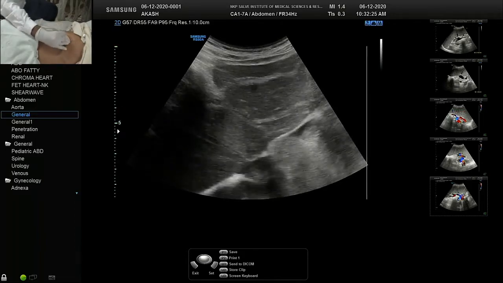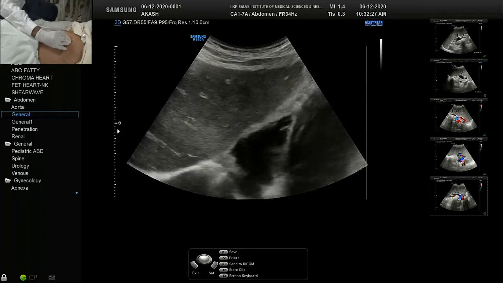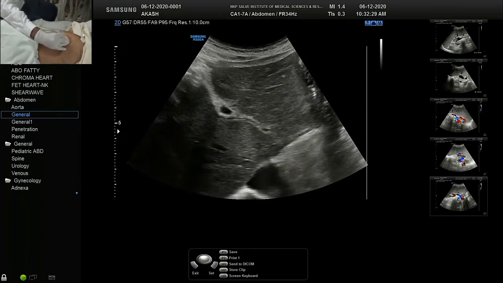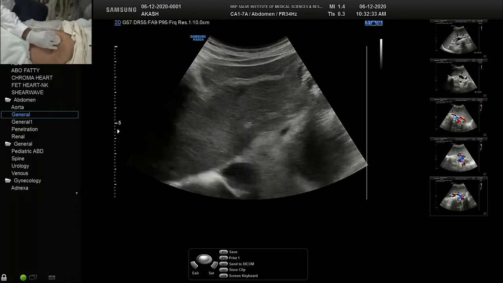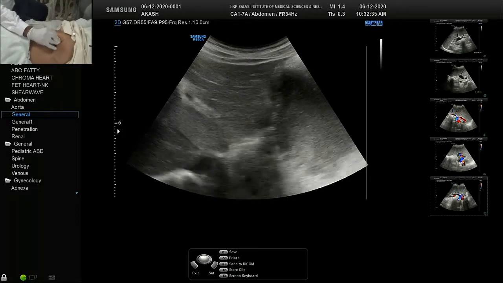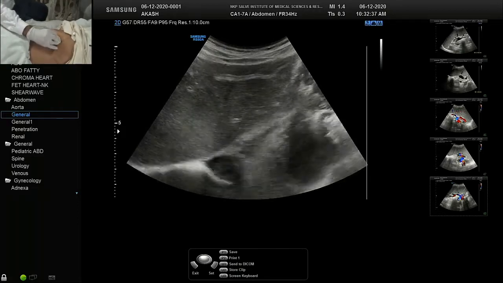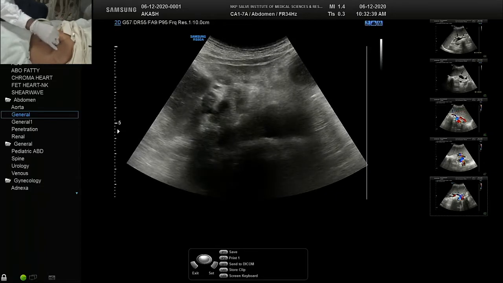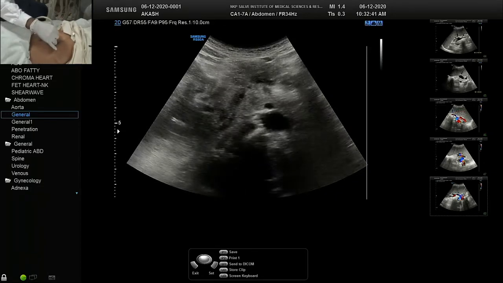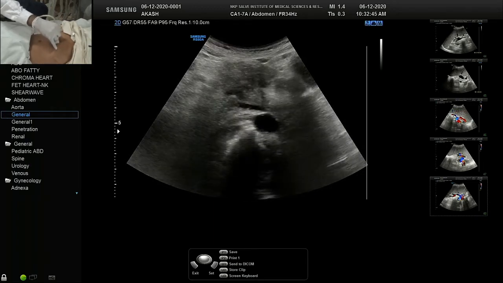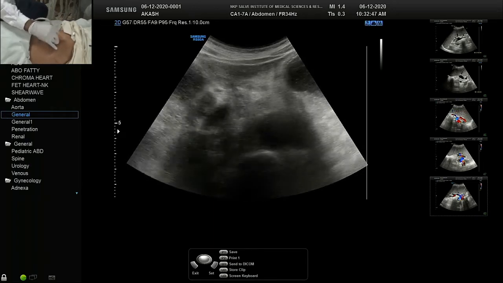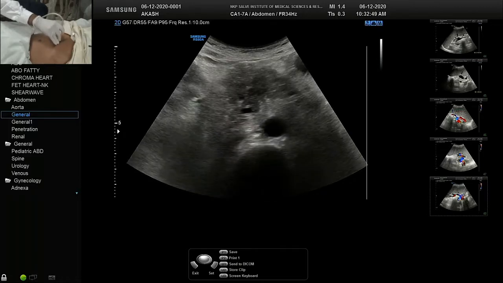So seeing the epigastrium here, left lobe of liver is normal. You can see stomach is full of water, probably he has drunk too much water. And yes, what is here is a heterogeneous pancreas.